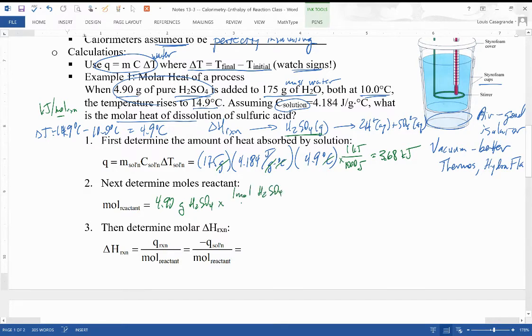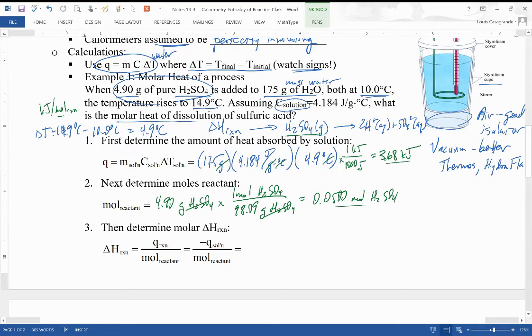I will spot you the molar mass is 98.09 grams of H2SO4. And cancel out the grams, and we get, my mistake, 0.0500 moles of H2SO4.